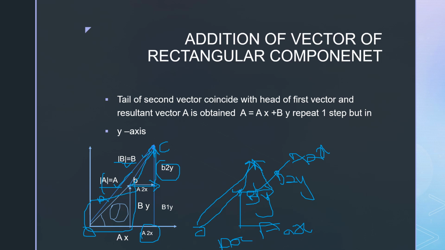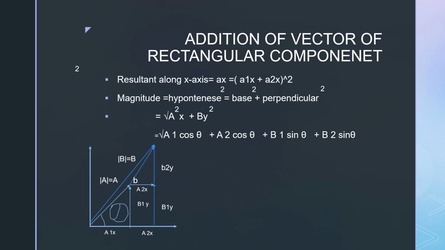So we have just made a singular parallel or perpendicular form of the vectors to make it a single axis, as we had made it here also. So let's find out the final step. What we had made is a resultant vector along the x-axis and the y-axis. The resultant should be taken as the sum of A1x and A2x.